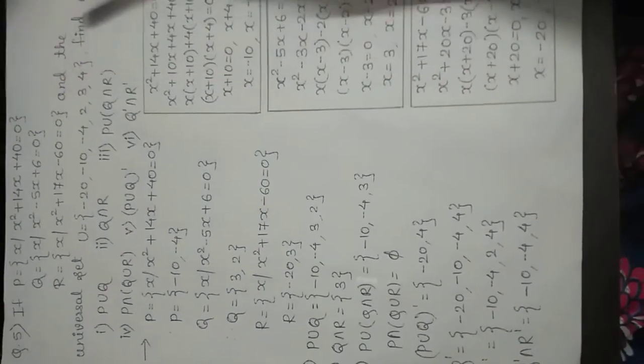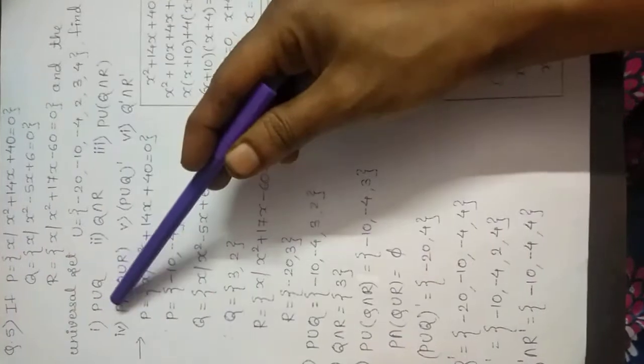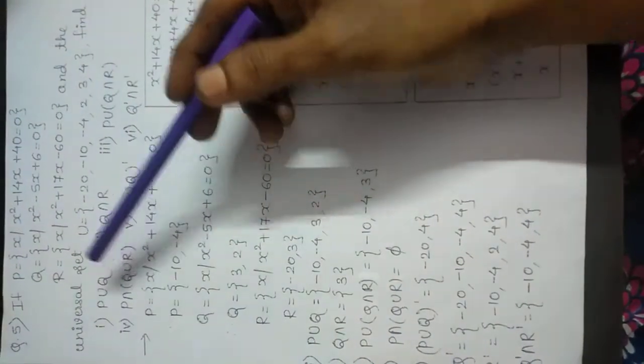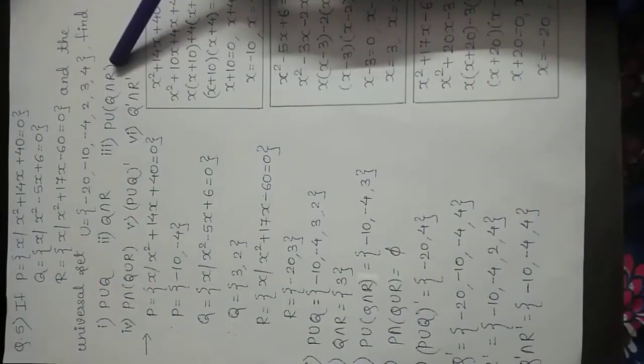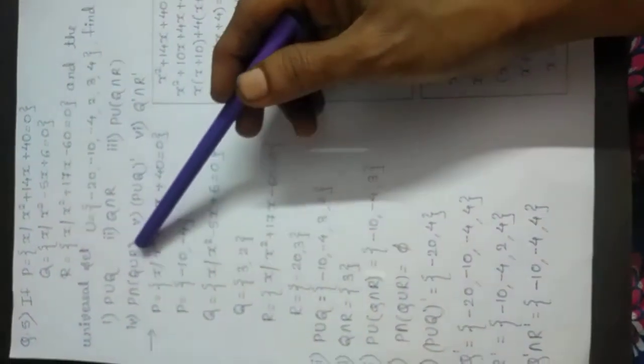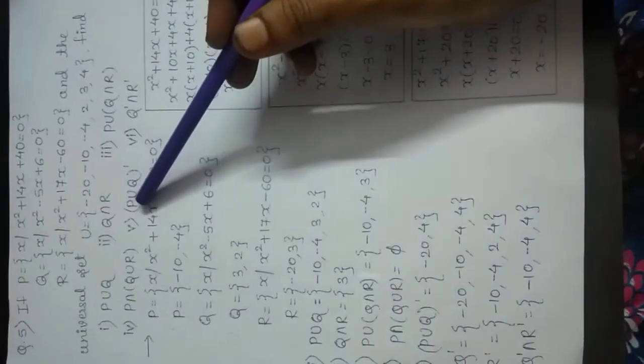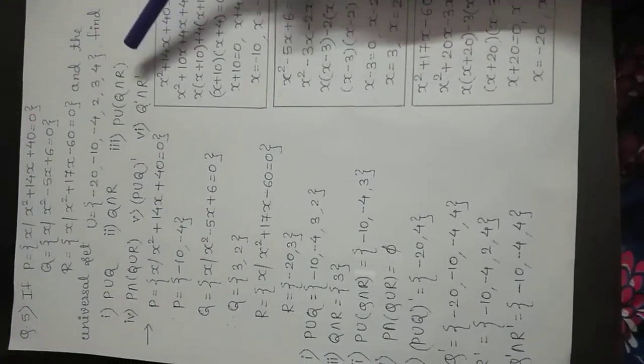Then find P union Q, then Q intersection R, then P union (Q intersection R), then (P intersection Q) union R, then (P union Q) complement, and Q complement intersection R complement.